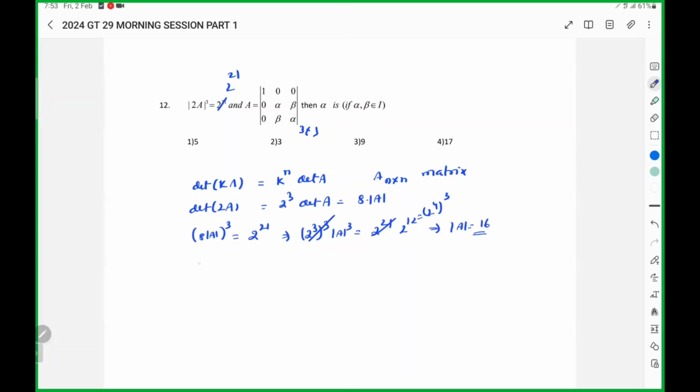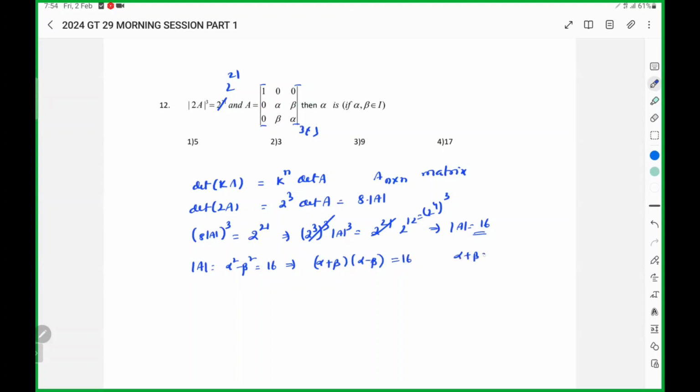Then he is asking the alpha value. He has given a matrix, so det A will be alpha square minus beta square, which is 60. So alpha plus beta into alpha minus beta is 16.